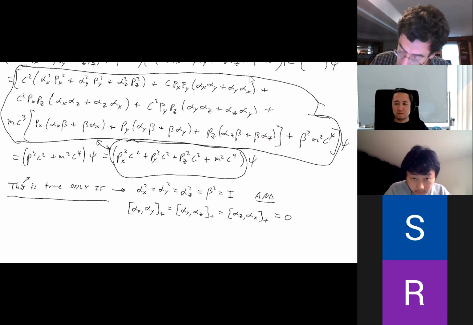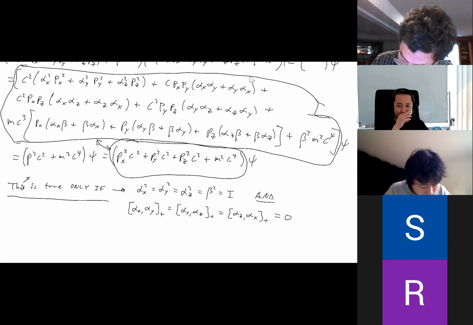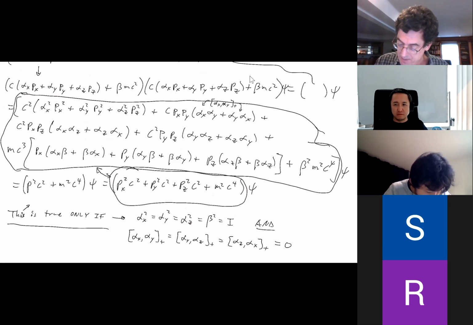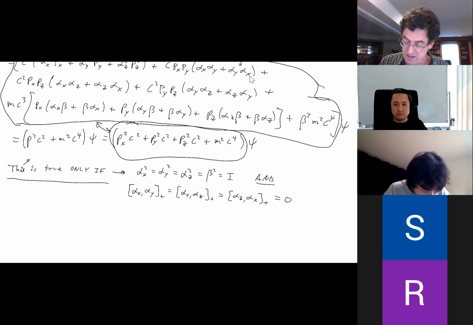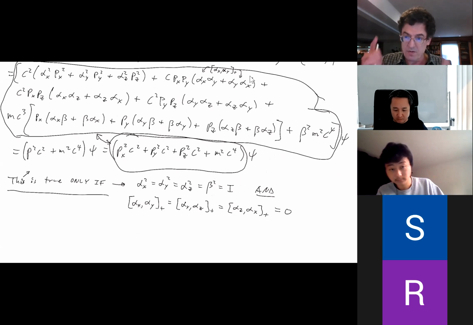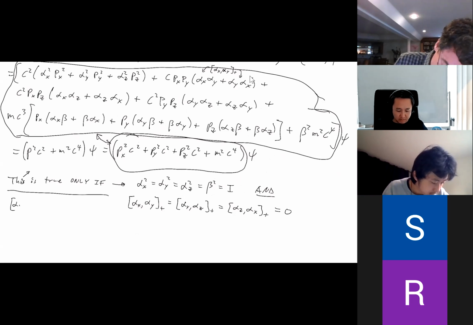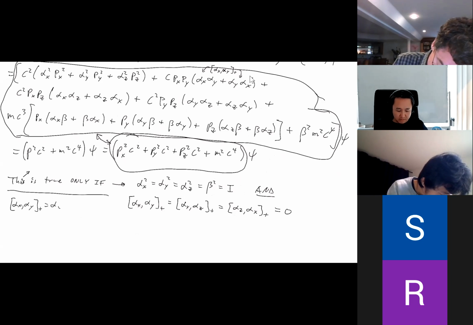You can see the anti-commutator right here in this expression. It's just the commutator, but with a plus instead of a minus. Let me write it out: the anti-commutator of alpha x, alpha y is equal to alpha x alpha y plus alpha y alpha x.